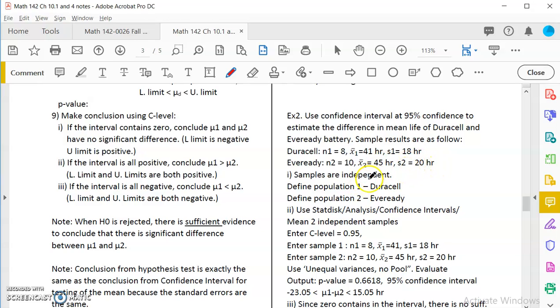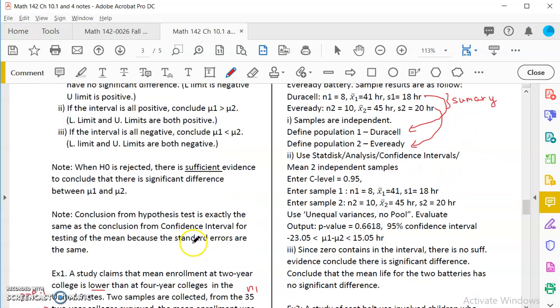They are independent because there's no way each battery pairs up. If you see the summary data, they are independent because you can't find a paired difference. So we just divide the population. They are already written in a really nice form, so I do not need to copy it down.